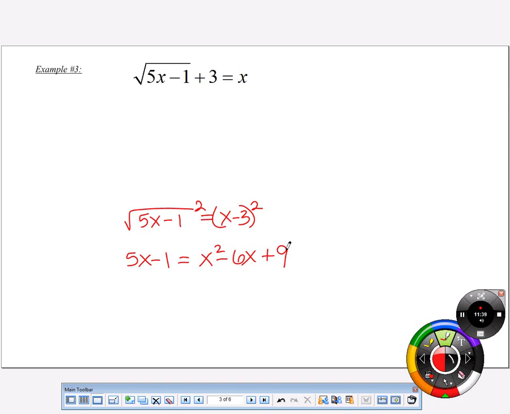Factoring, quadratic formula, completing the square. All right? So get all the terms on the same side. Hope that it can be factored, right? Can it be factored? Yes. Thank goodness. Good job, Miss Stahl.